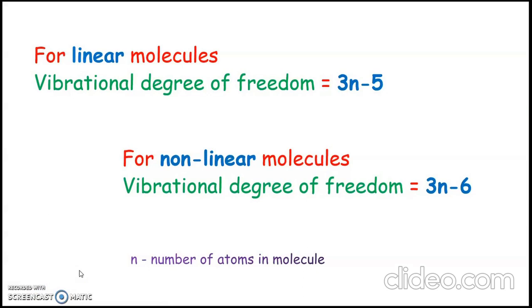We have found an equation for finding the normal modes of vibrations of molecules. That is, for n number of atoms in a molecule, if the molecule is linear, there will be 3n minus 5 vibrational degrees of freedom or normal modes of vibrations for the molecule, and for a non-linear molecule there will be 3n minus 6 normal modes of vibrations.